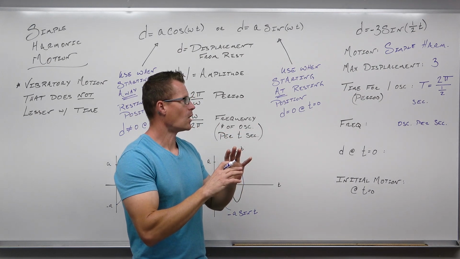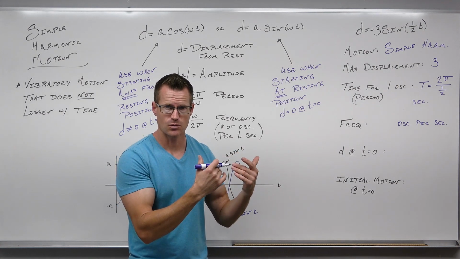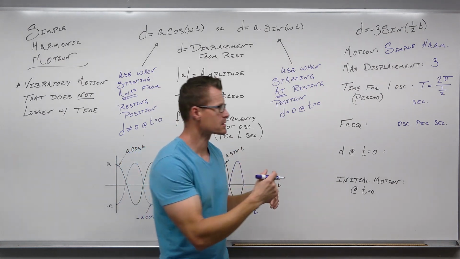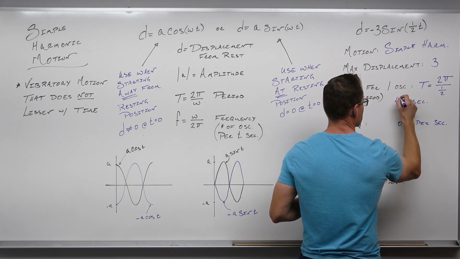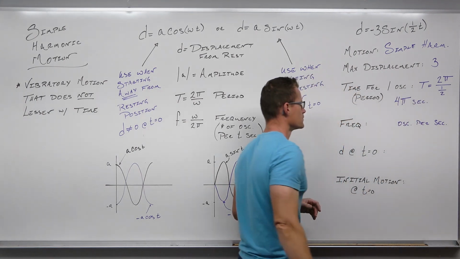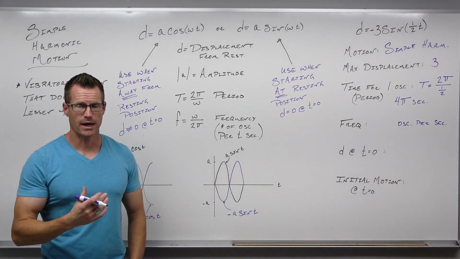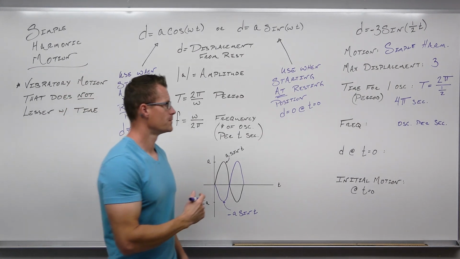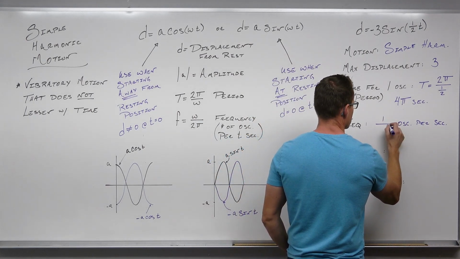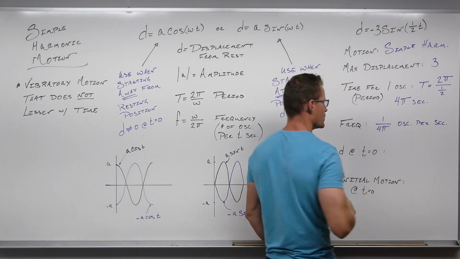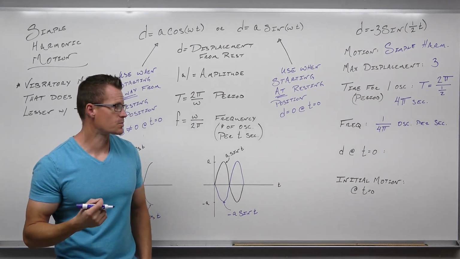So our period, the amount of time that it takes for one oscillation, is 4 pi seconds. Our frequency is the reciprocal of that, so 1 over 4 pi oscillations per second.